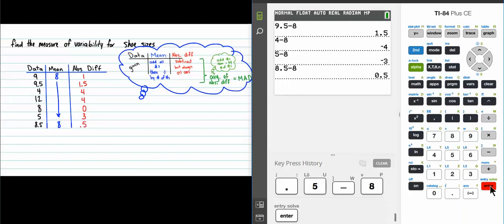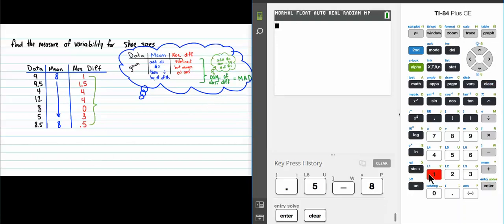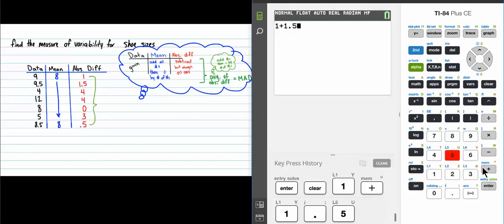Now, what do I do with all of these numbers here? Well, the final step is going to be to find the average of the absolute differences. So I'm going to get all of these, and I'm going to add them and divide them by the number of numbers again. So let's add these numbers up. It's 1 plus 1.5 plus 4 plus 4 plus 0, which I don't really have to say, so plus 3, and then plus 0.5.